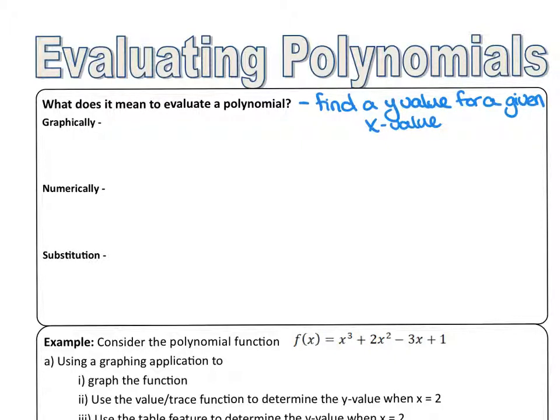So it's like you're trying to find the ordered pair, or what y value you would have if I told you what the x value was, or maybe vice versa, it just depends.